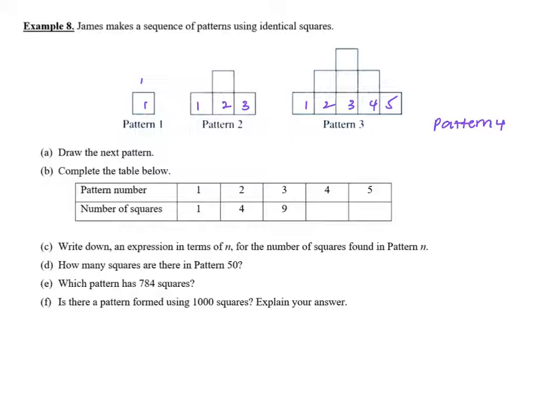Pattern 4 will have 7 squares. Oh, not enough space. Okay, let me write smaller. 1, 2, 3, 4, 5, 6, 7. Then I will slowly build up until I get 1 square.